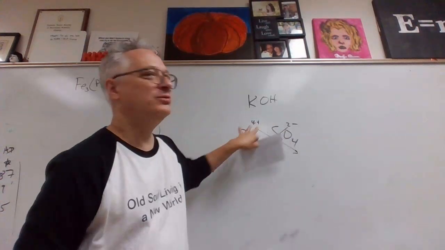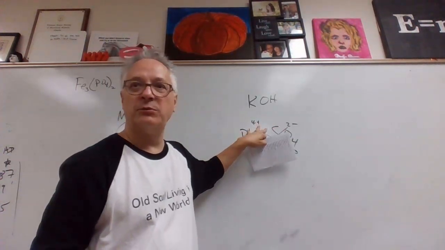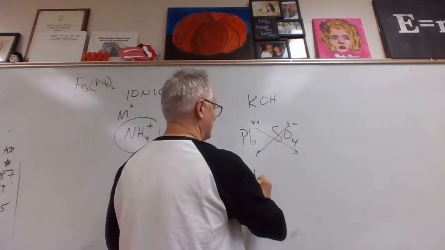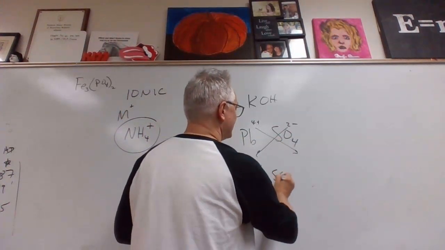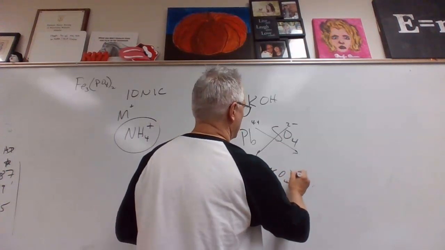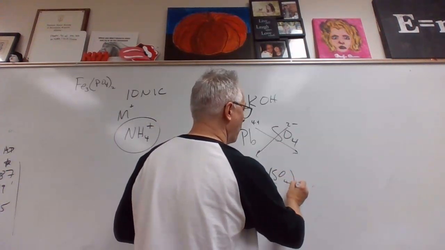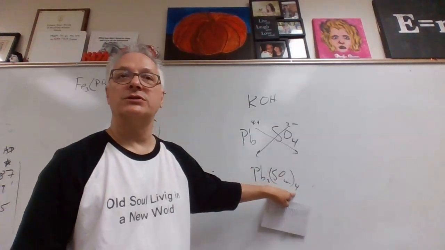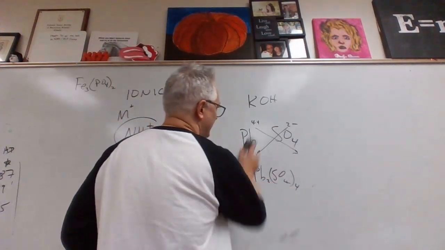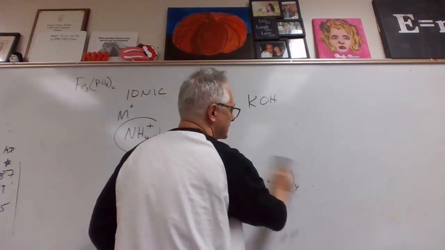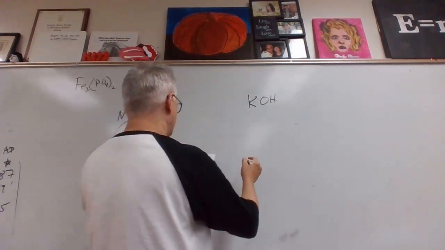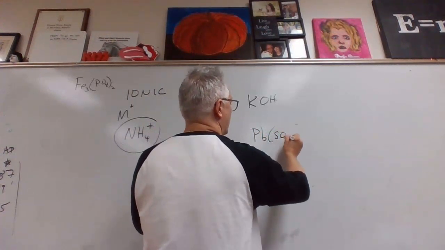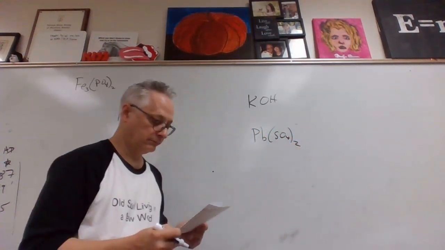But if one number is divisible by the other, if I wrote Pb2(SO4)4, that's not correct because we could reduce those numbers. So this trick only works if you have to find a least common multiple. In this case, we just have Pb(SO4)2.